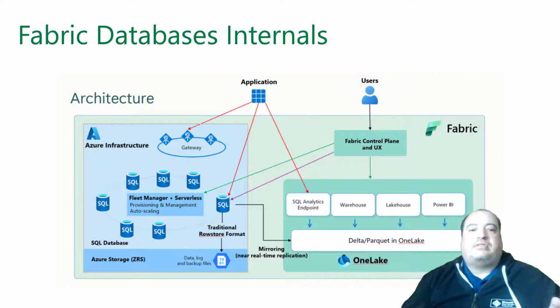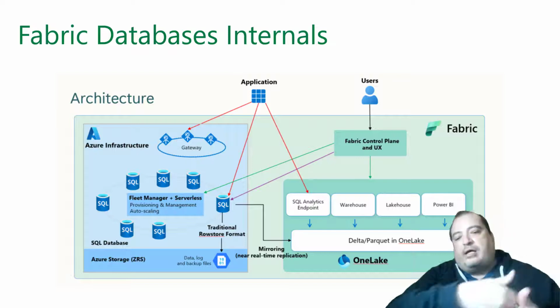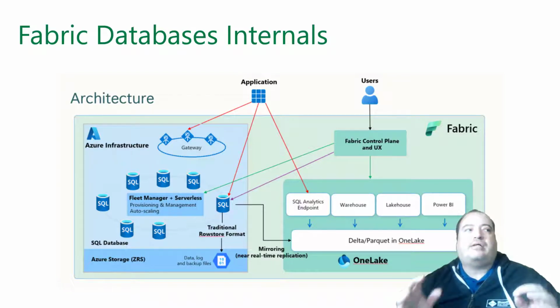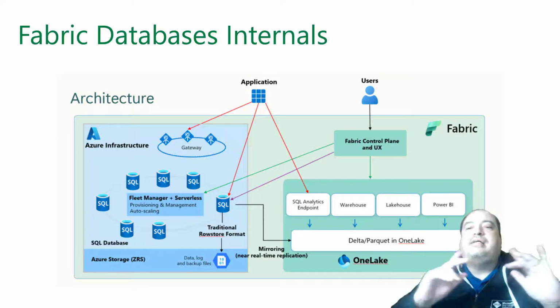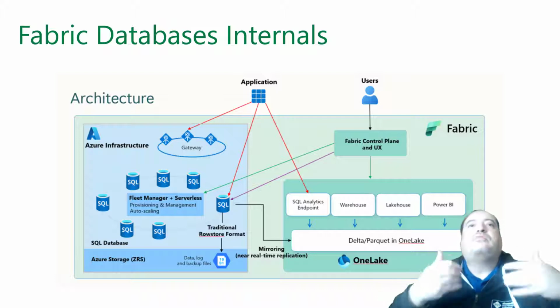All of what I explained in this internals slide happened. The database was provisioned in Azure, and a near real-time mirroring was established between the database and OneLake, although we don't have data yet in this database. All this happened, but we don't see it.